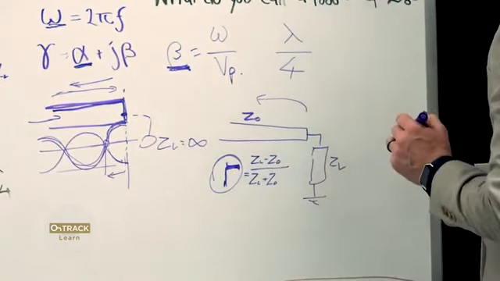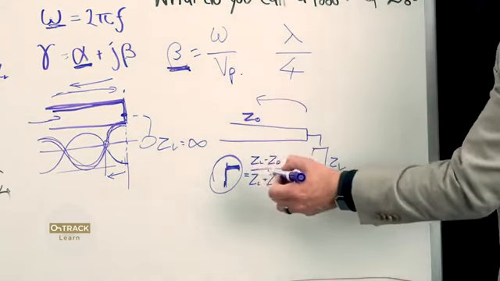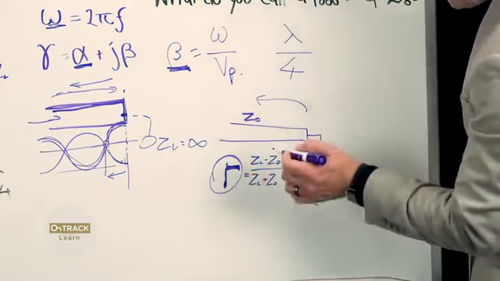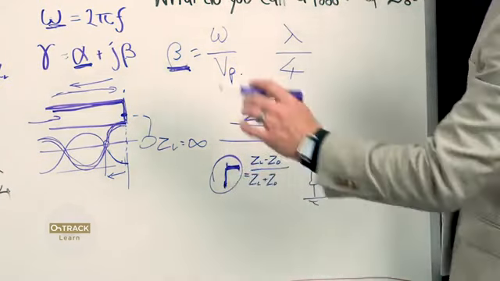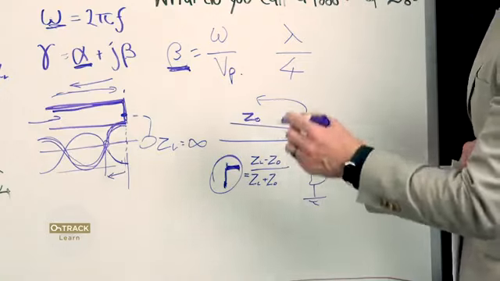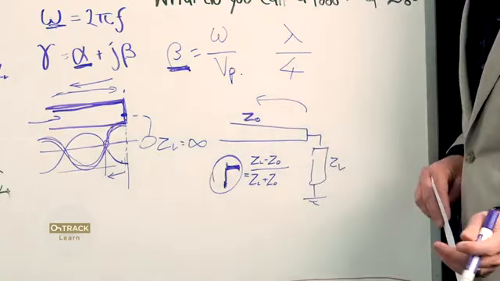If ZL is a short circuit, you have a coefficient of -1, which means everything's reflected back, but it's inverted. So the reflected wave is negative. And you see that in a time domain reflectometer.